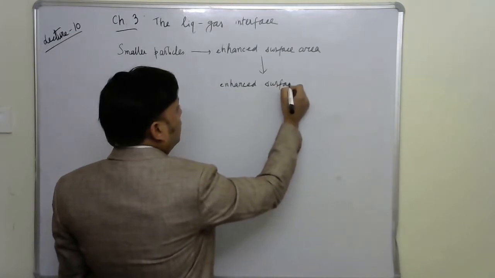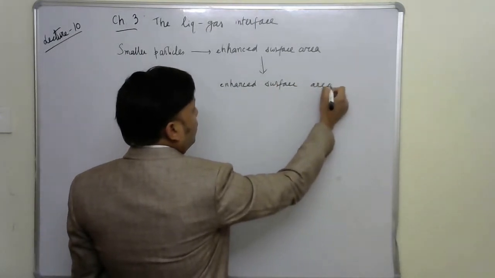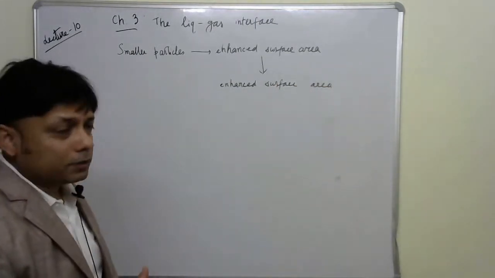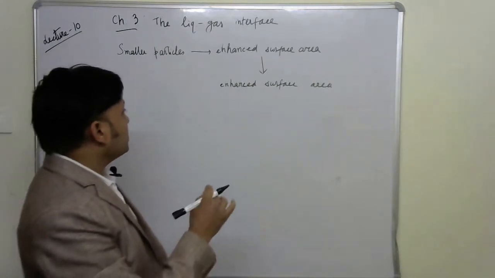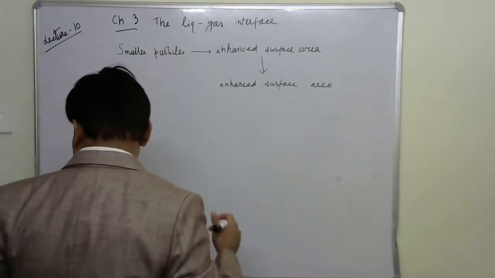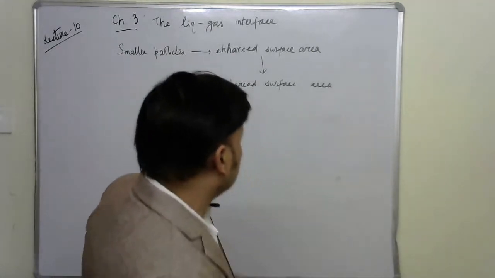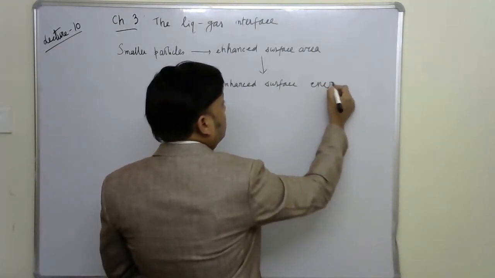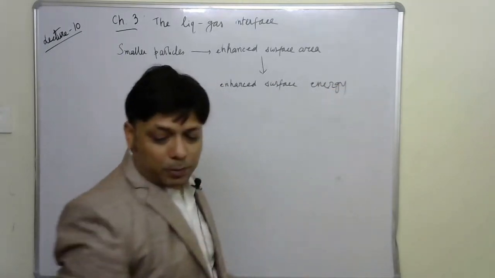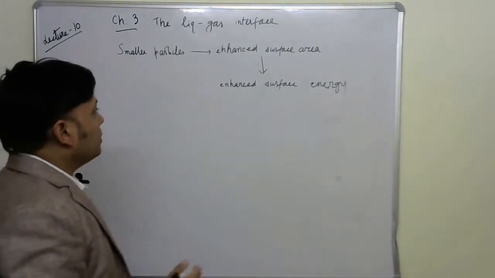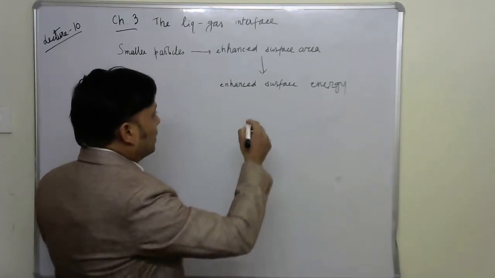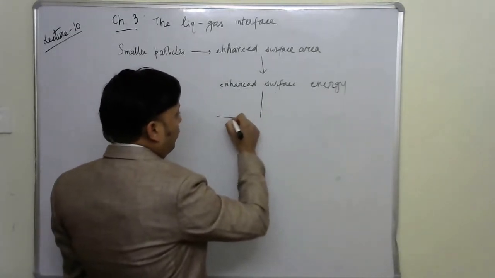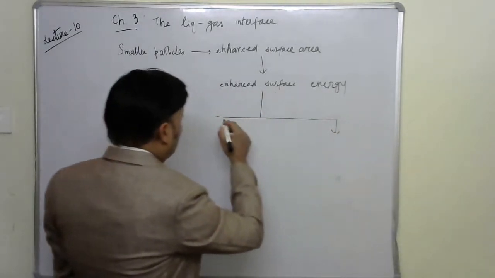So now the thing is, if we have smaller colloidal particles and those particles have enhanced surface energy, what implications may it have? Now this enhanced surface energy has two very important implications.